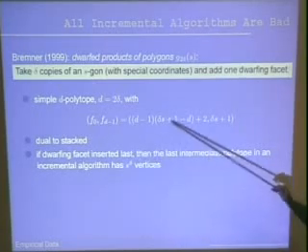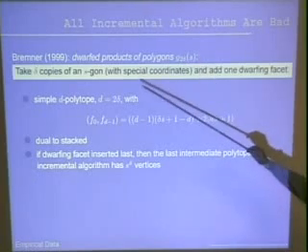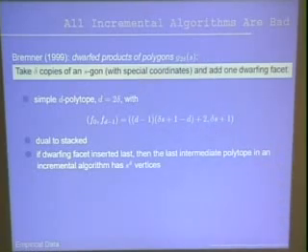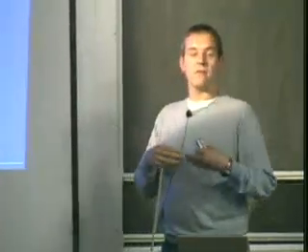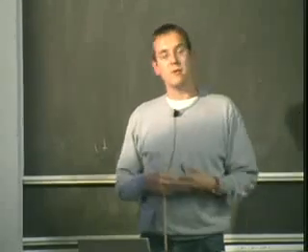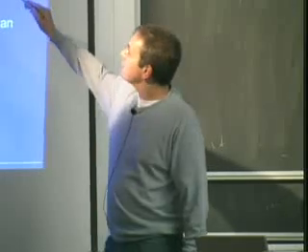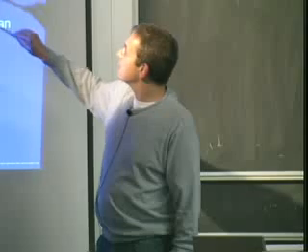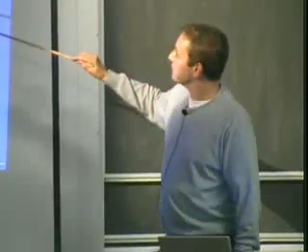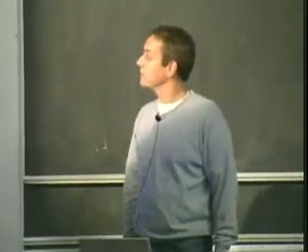And what's the number of vertices of the real product of polygons before the dwarfing? Well, if I take the products, the number of facets add up, and the number of vertices multiply. Since I have delta copies, I have s to the delta vertices and delta times s facets.